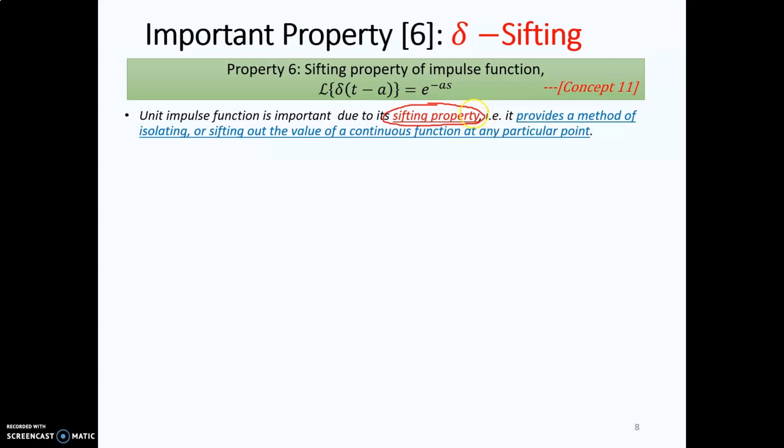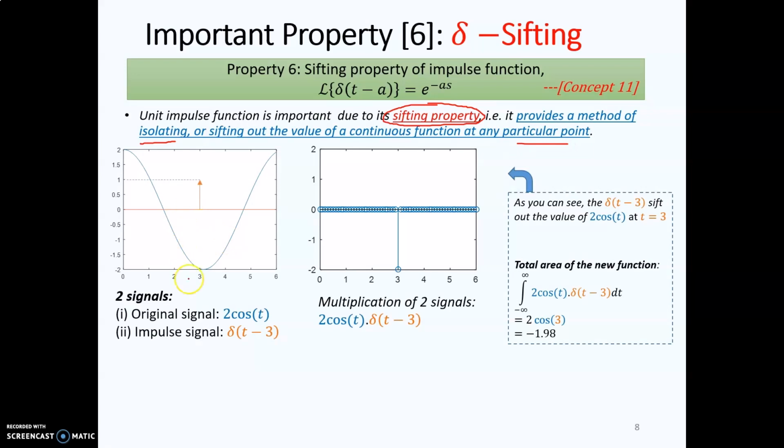The shifting property here means that it provides a method of isolating or shifting out the value of a continuous function at any particular point. For example, you have a continuous function 2 cos t, which is this function in blue, and you have an impulse function delta t minus 3. So at t equal to 3 here, you have an impulse function.